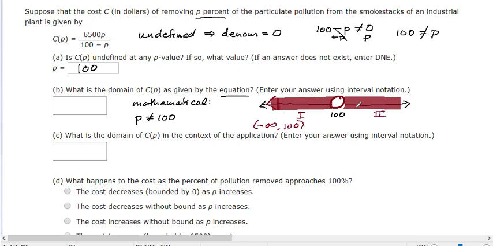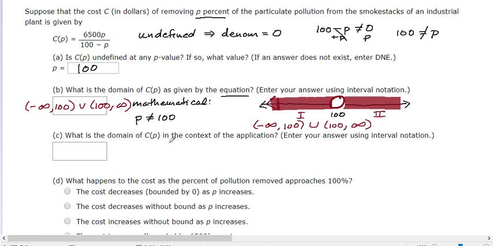My second interval starts at 100 and goes as far as you want to go to the right, which is infinity. You combine those together with a union, and that's the mathematical domain. So that would be negative infinity to 100, union 100 to infinity.